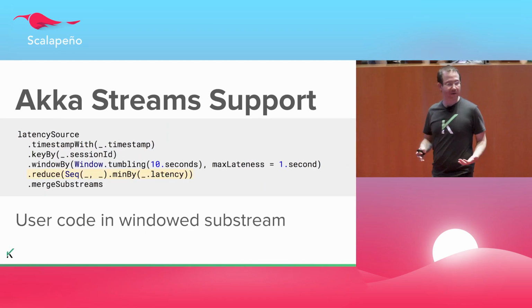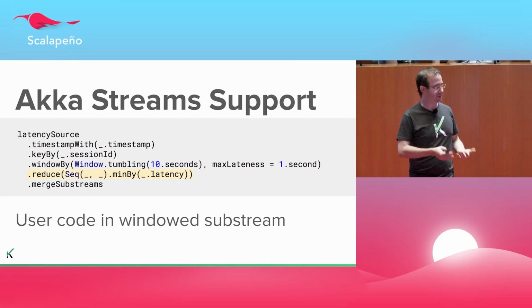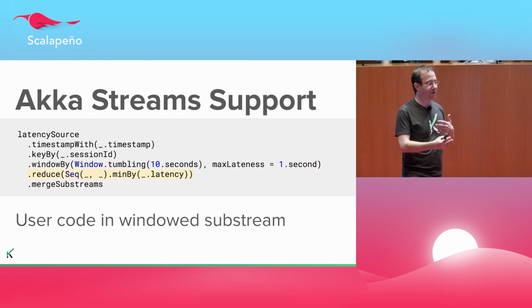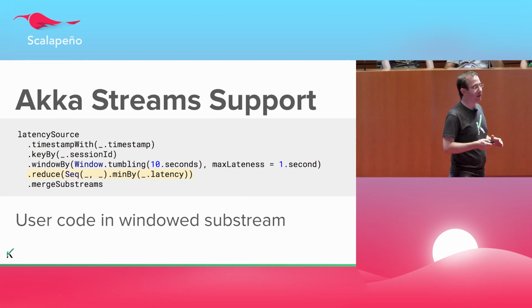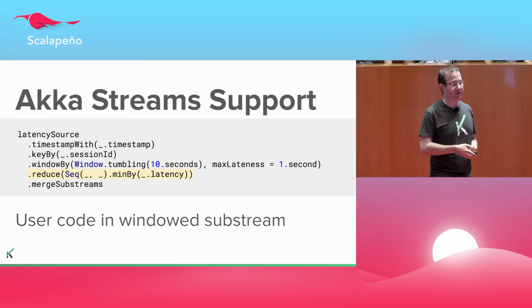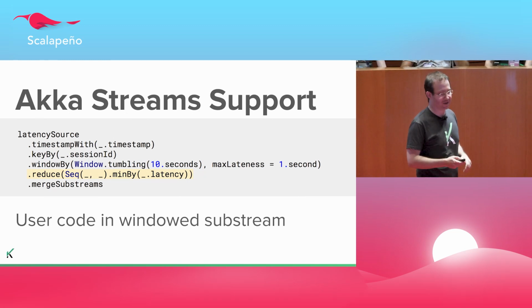So back in user code, we have our reduce, as seen in the previous example, where we want to keep track of the lowest latency measurement as events come in. And that is going to close the second that the window substream closes.